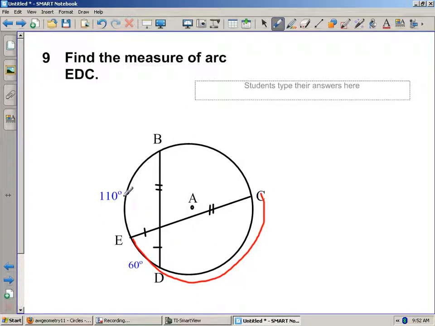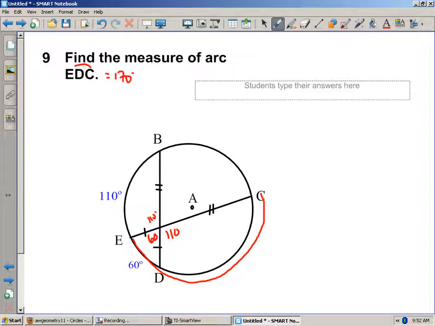That would mean that this angle is 110. This angle is 60, which would mean across from this angle is going to be 110 by vertical angle, since these are straight lines and they're the same chord. If I combine those two numbers together, that would give me the measure of arc EDC, which happens to be 170 degrees. And that's really all we're trying to do, it's just a matter of thinking our way through these problems and trying to come up with the different lengths that we need.